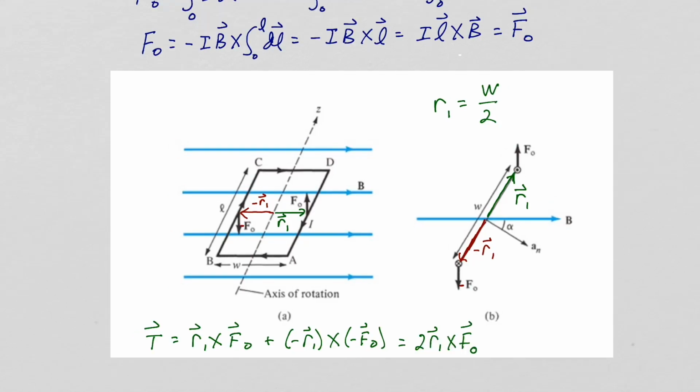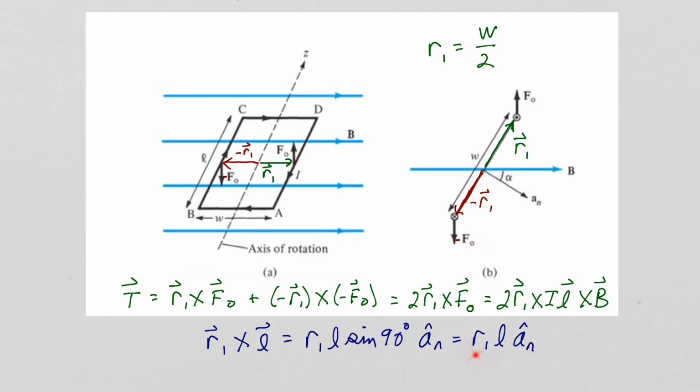The torque then is 2 R1 cross F sub 0, and now let's substitute what we found earlier for F sub 0, I L cross B. Now R1 and L are at right angles. So the cross product will be the magnitude of L times the magnitude of R sub 1 times the sine of 90 degrees, which is 1.